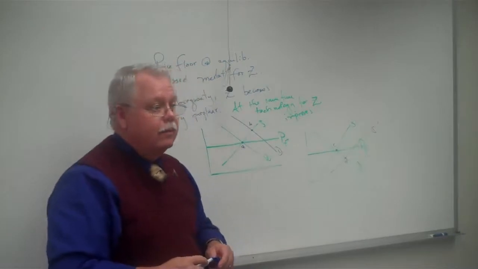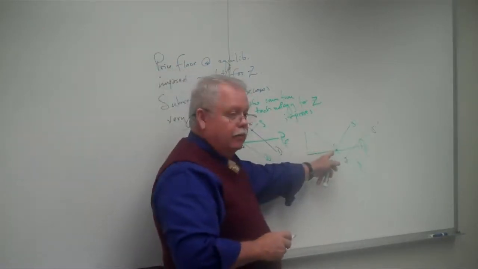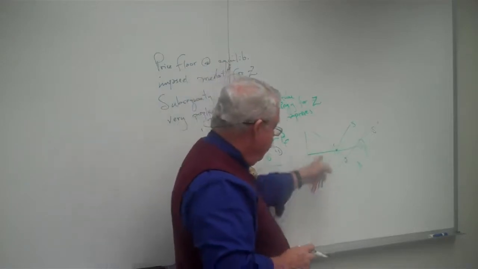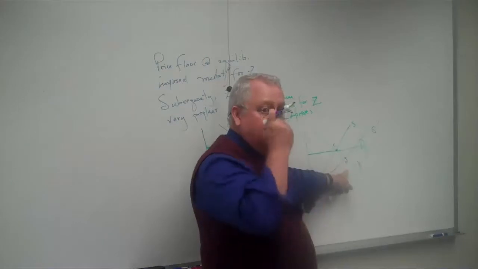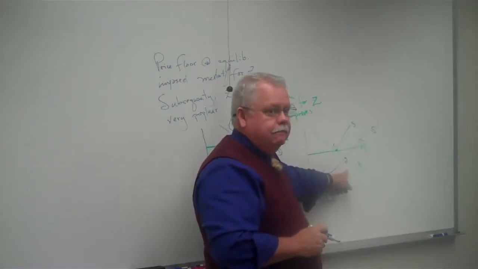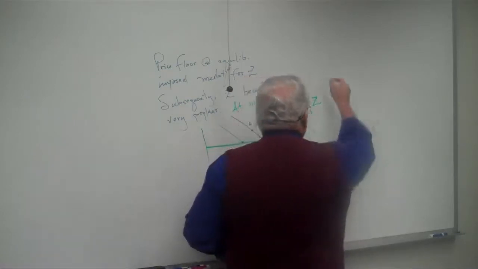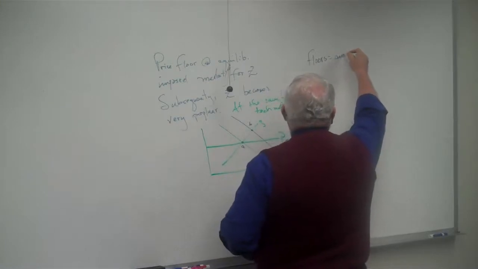Oh no. What will happen? It would go beneath the price floor. The price will fall beneath the price floor. What will that create? Surplus. Or shortage? Floors only create surpluses.